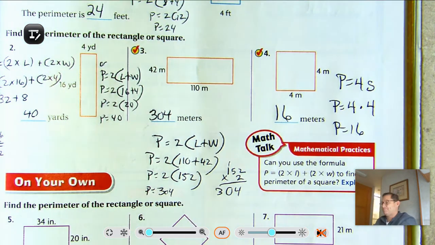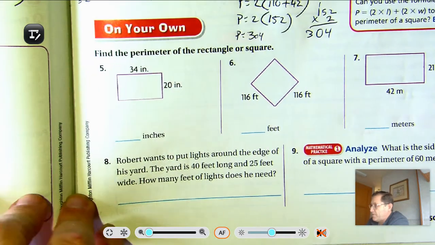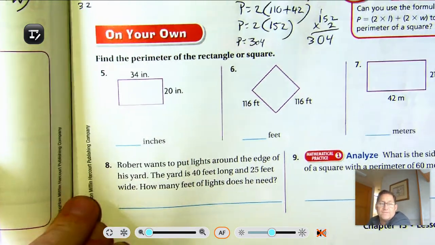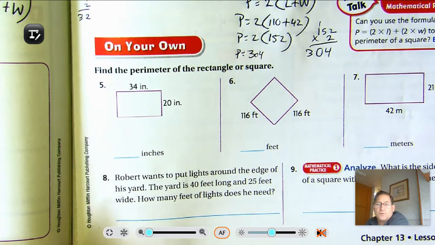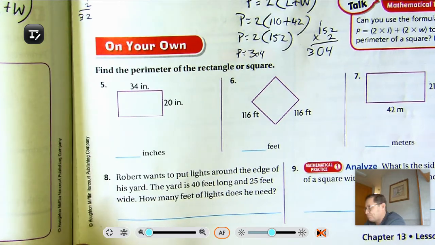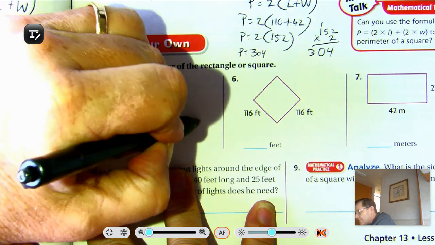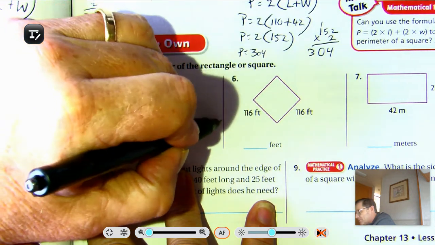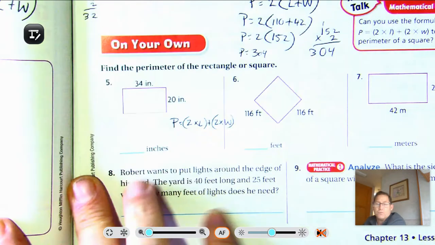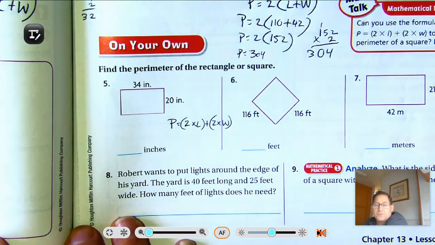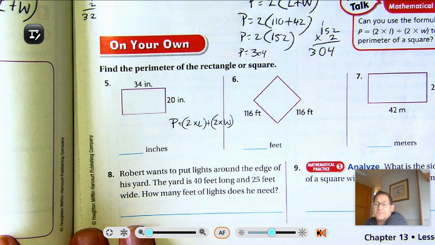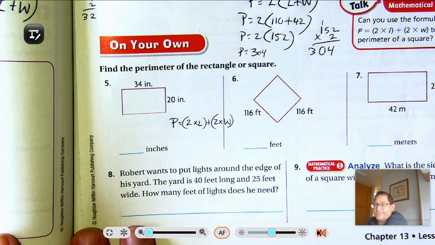Number 5. Find the perimeter of the rectangle or square. Same thing we've been doing, right? So let's go ahead and go 2 times length plus 2 times width. If you want to use the perimeter equals 2 times the sum of length plus the width, it's the same thing.